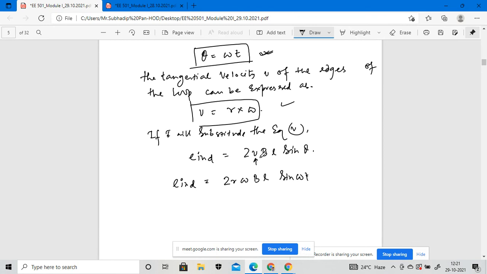So this will be another expression after substituting. Suppose this is my equation 6.